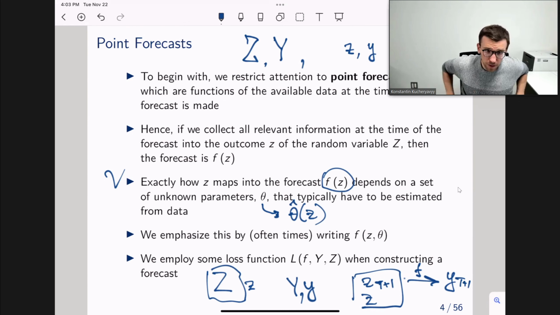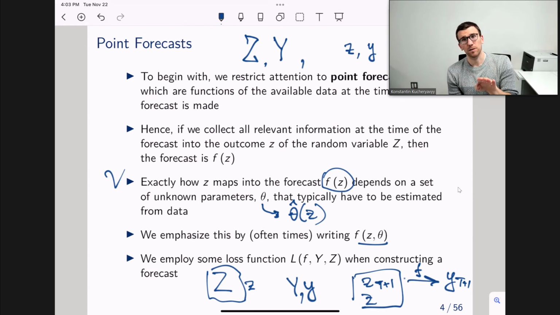But sometimes, or maybe even during this lecture, we will be writing F(Z, theta). This is to emphasize that we can construct some rule up to a set of parameters, and then later we might estimate the parameters separately. There are reasons to do this distinction, which I hope will be clear as we proceed.